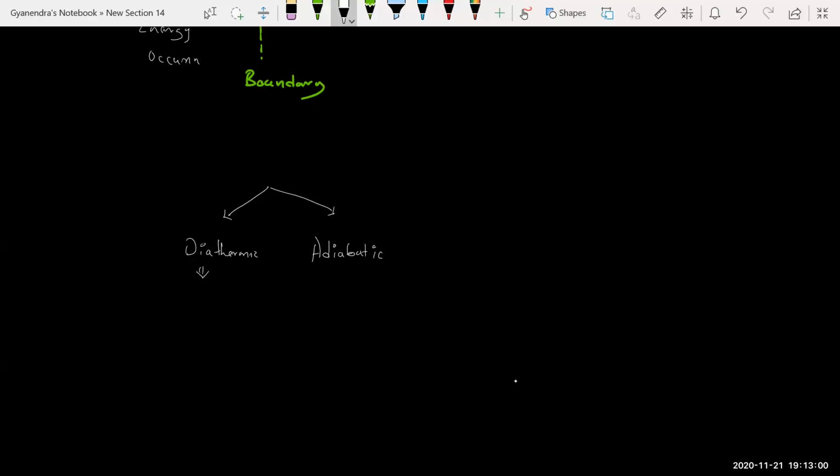Diathermic boundaries are those that allow energy transfer to occur, but they will not allow mass transfer. The other one is the adiabatic boundary. Like you have seen a thermos flask, right?